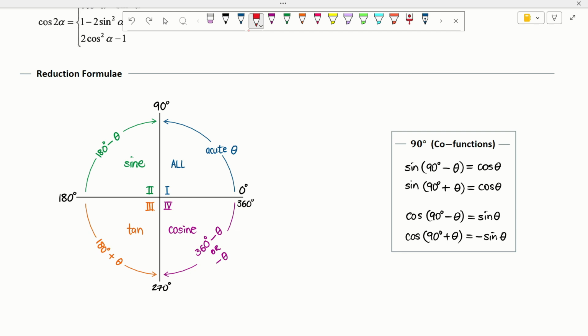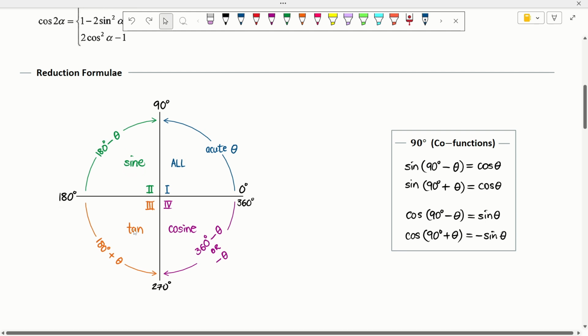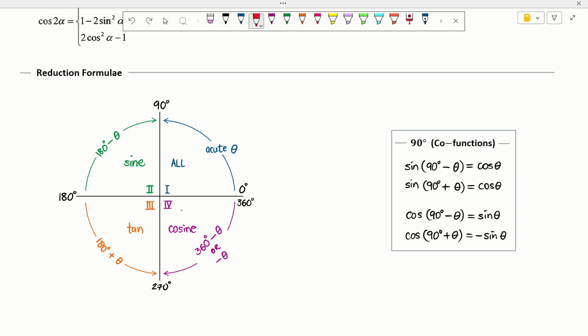And then between 90 and 180 degrees, we take 180 and we minus the angle theta, and there only sine will be positive. We call that the second quadrant. After that, the third quadrant is where tan will be positive, and that's 180 degrees plus theta. Then the fourth quadrant here, 360 minus theta, because we have 360 here.